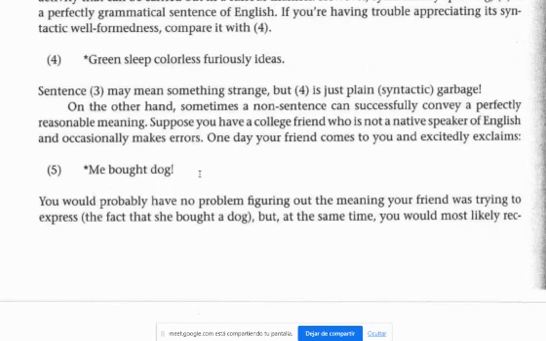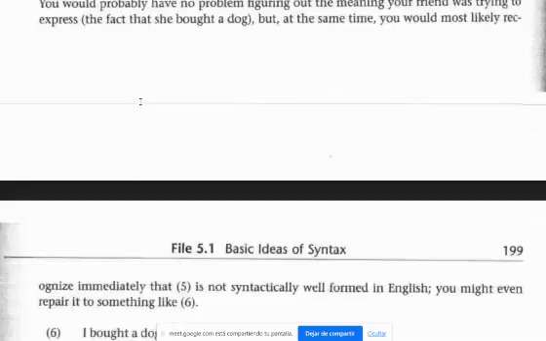What happened there is practically ill-formed. But "me but duck," you probably have no problem figuring out the meaning of your friend, or what he was trying to express, semantically speaking. What is ill-formed?